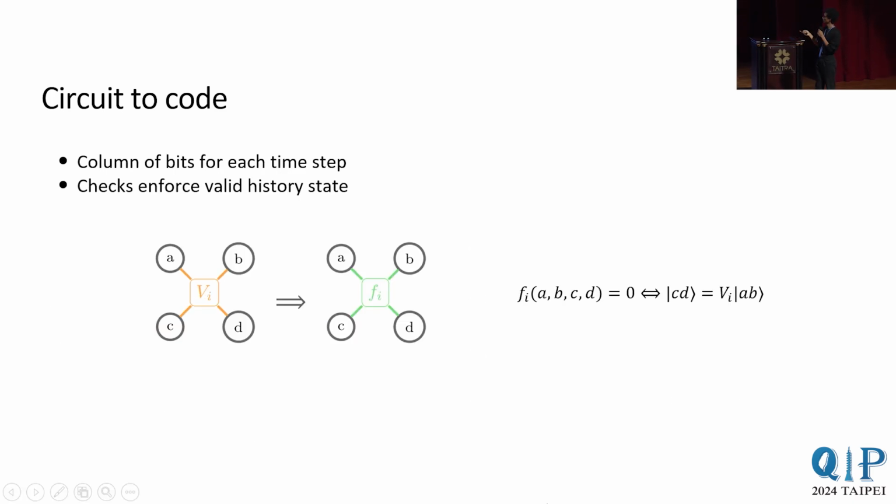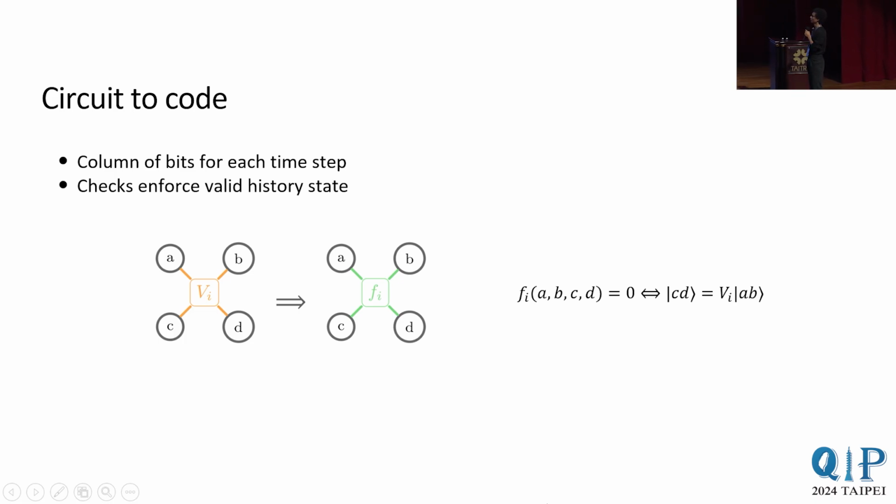To do that, we're going to define the checks that enforce this condition. For every gate, we're going to implement a check such that this check validates if and only if the value of these bits corresponds to the value of these bits acted on by this gate.